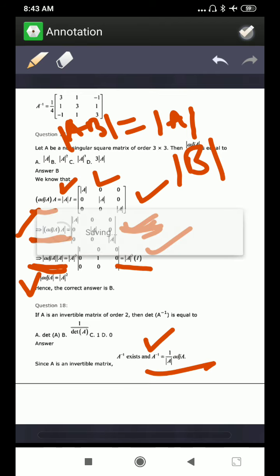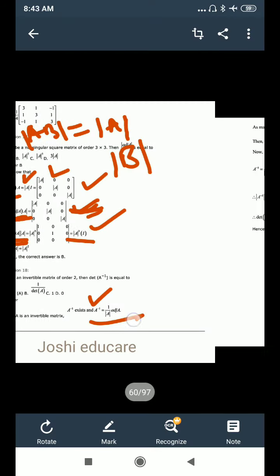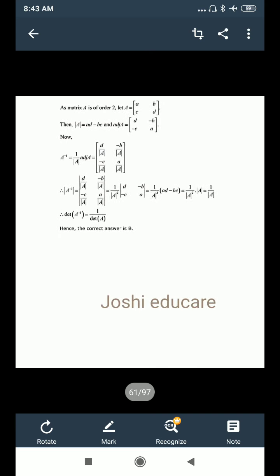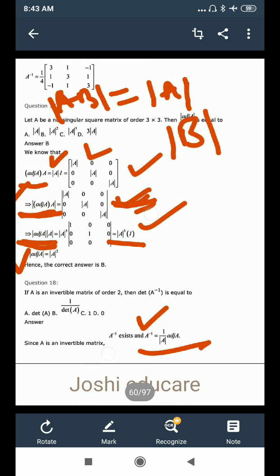This is the formula to calculate the A inverse. In this question, what is given? A is an invertible matrix of order 2, then determinant of A inverse.